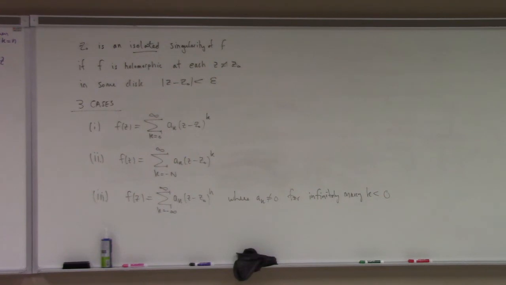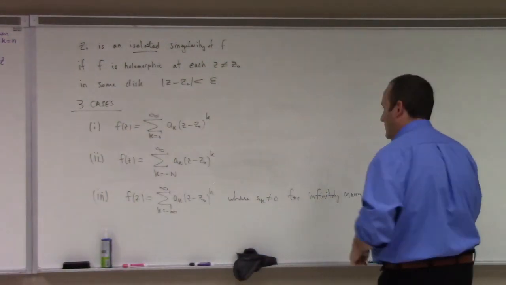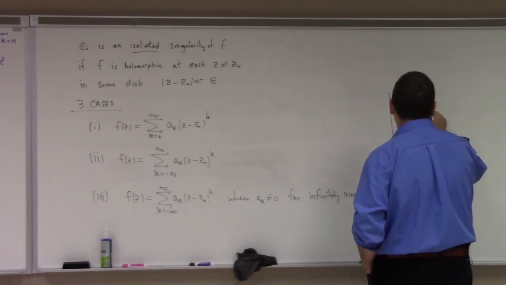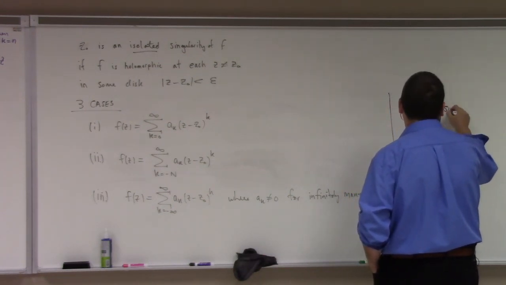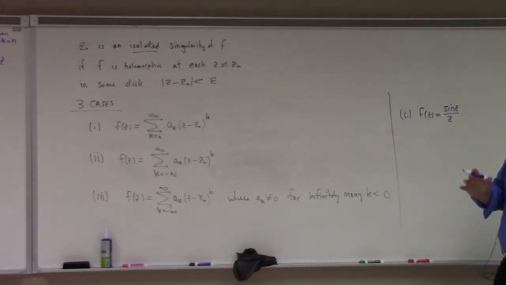So each one of these has a name. I'll give you an example of each too. All right? So case number one would be something like f of z equals sine of z over z. This has z equals 0 as an isolated singularity. In fact, it's its only singularity.